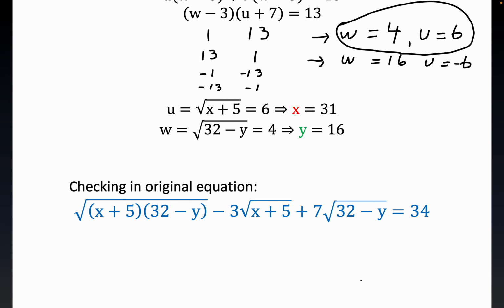So let's see what happens when we check it. This is the original equation. If x is 31, this would be 36, so we have the square root of 36 times 16, minus 3 times the square root of 36, plus 7 times the square root of 16.